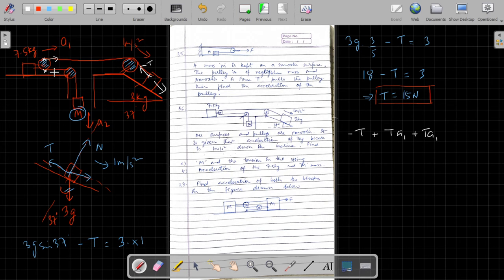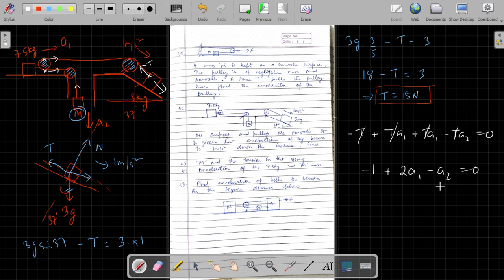Tension is acting in the rightward direction with acceleration a1, and then tension T times minus a2, so minus T a2 is equal to 0. The tension gets cancelled out, so we get minus 1 plus 2a1 minus a2 is equal to 0.